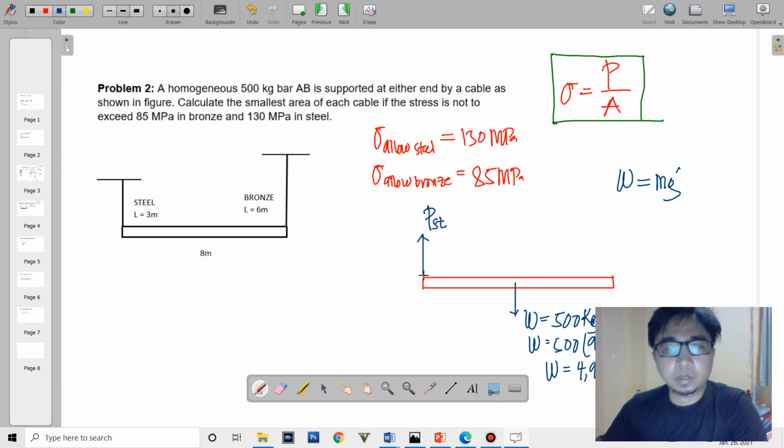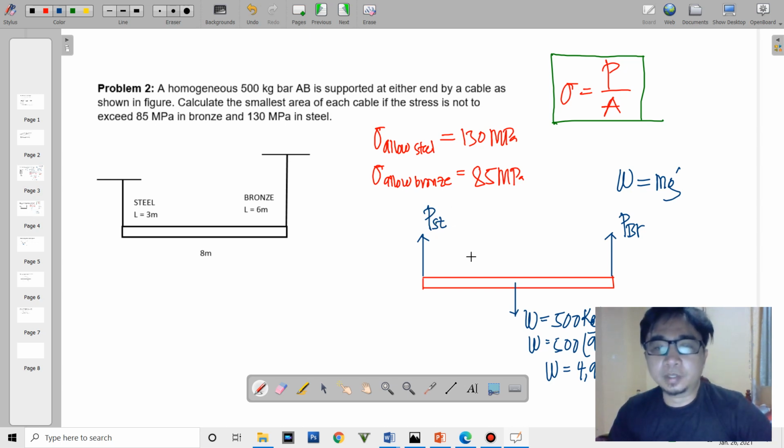Okay, we also have here P of steel and P of bronze. So solving for P of steel and P of bronze, it is just equal to half of 4,905, because there is a symmetry here, so we do not need to take moments at this point.